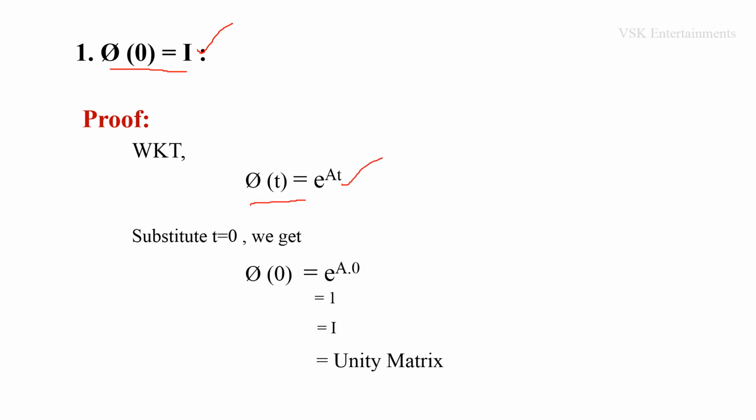Just substitute t is equal to 0, then it becomes phi of 0 is equal to e power A into 0, that is e power 0, which is 1. In matrix representation we represent it as the unity matrix. So phi of 0 is equal to I. That is the first property of the state transition matrix.